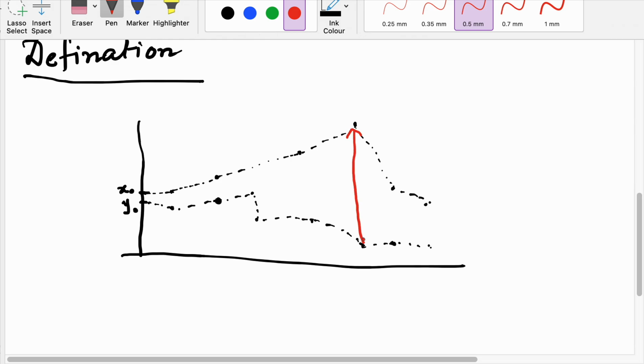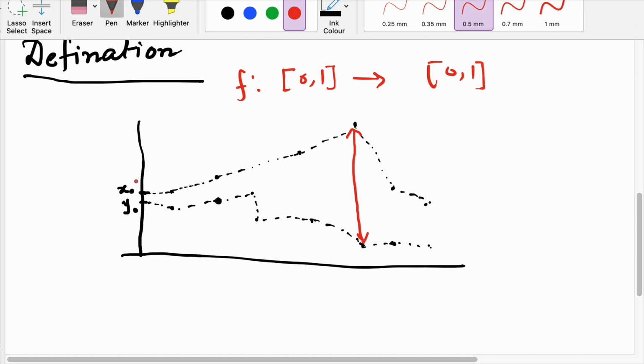One thing you have to remember: suppose these maps map the interval 0 comma 1 onto 0 comma 1. Then if f is such a map, the distance between two points cannot be more than 1, because after that it would be outside the region.